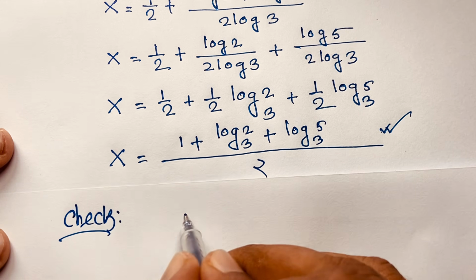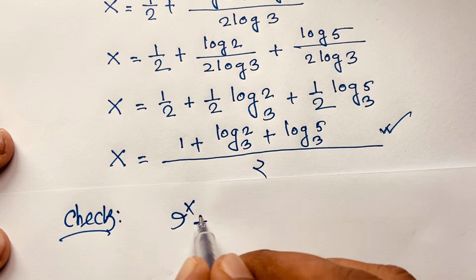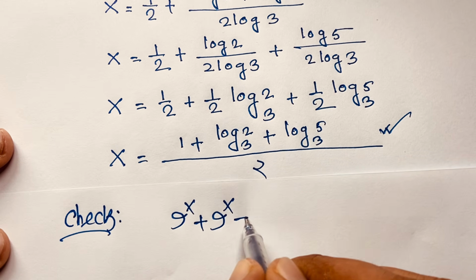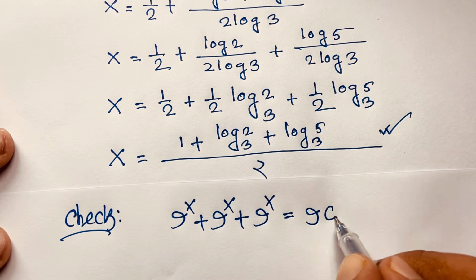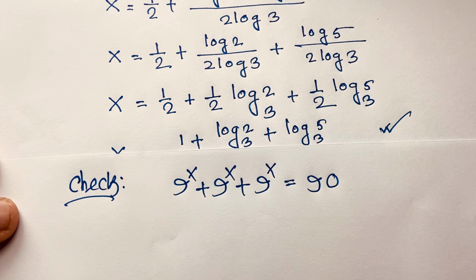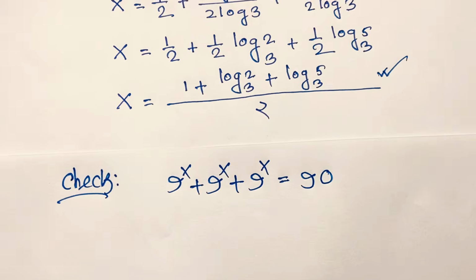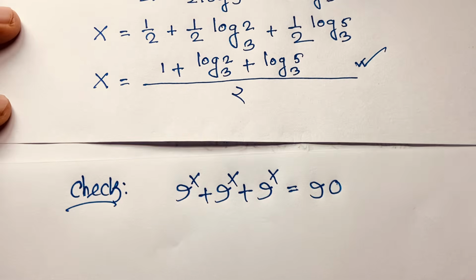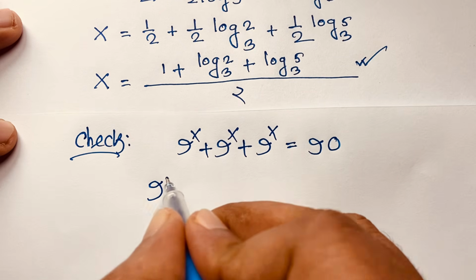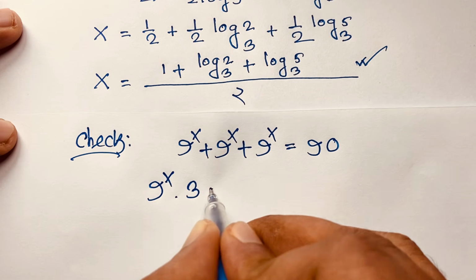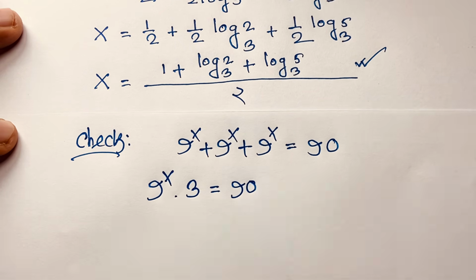Our question is 9 to the power x plus 9 to the power x plus 9 to the power x is equal to 90. This is our question. Now you can say here 9 to the power x is common. So if I take 9 to the power x common, it will be 3 times 9 to the power x is equal to 90.